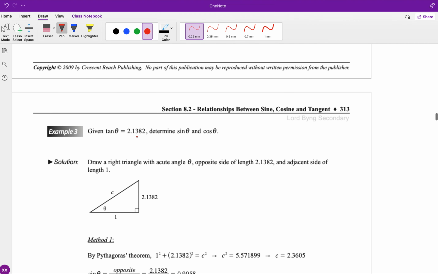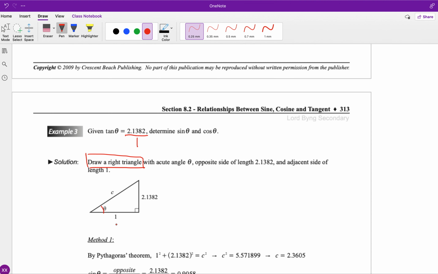Well, don't you think we can change that into this number over 1? See, that's the ratio. So in that case, draw a right triangle again. Here is my theta. It's opposite over adjacent, so the opposite is there and the adjacent is 1. Then again, we use the Pythagorean theorem.